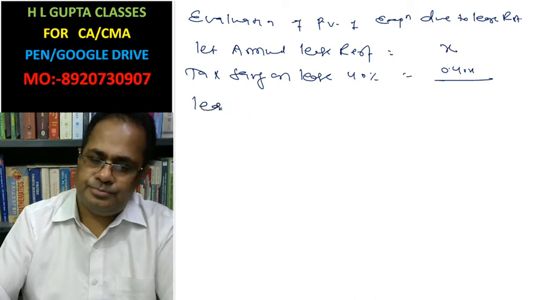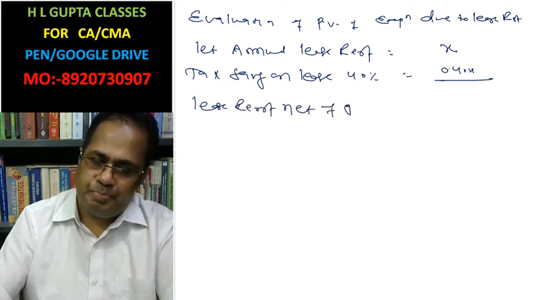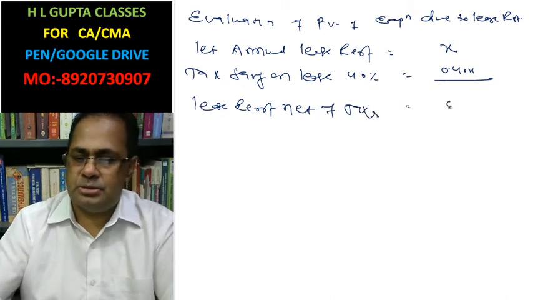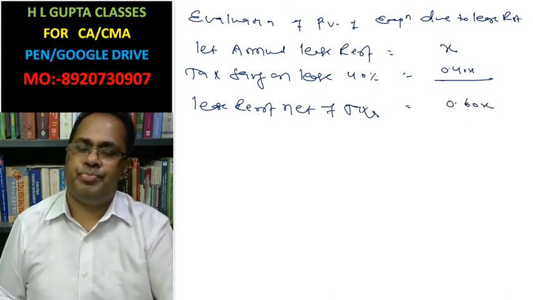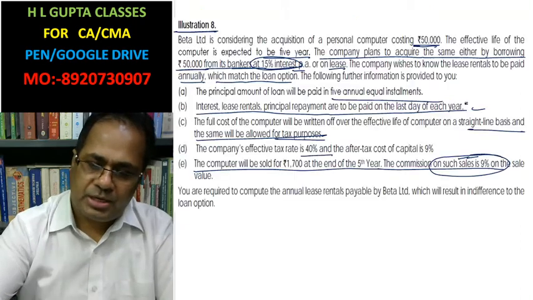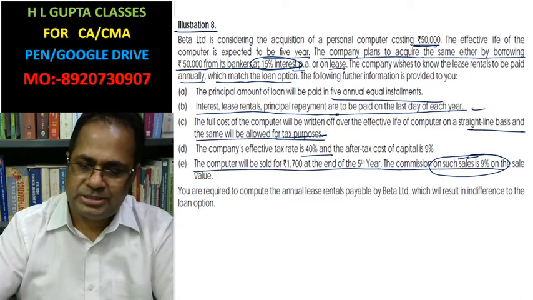Lease rent net of taxes is 0.60x. Now, about the present value factor, it is written in the question.